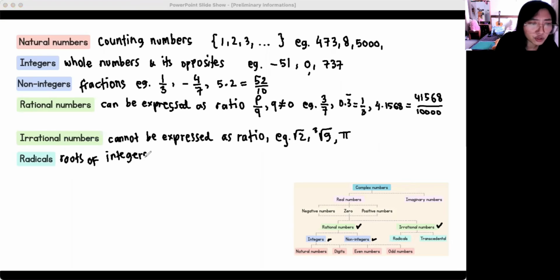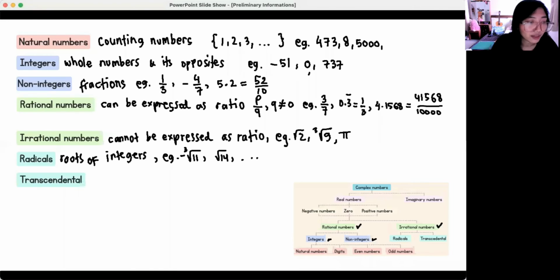So it can be square roots, cube roots of integers. Example, negative cube root of 11, or square root of 14, and so on. Meanwhile, the transcendental numbers are the ones that cannot be expressed as roots of integers.